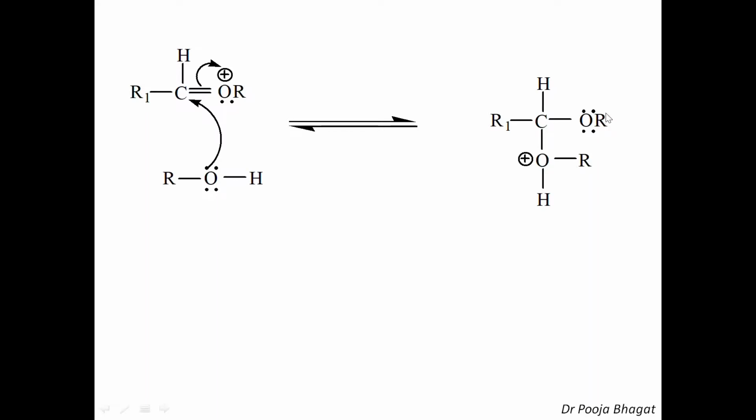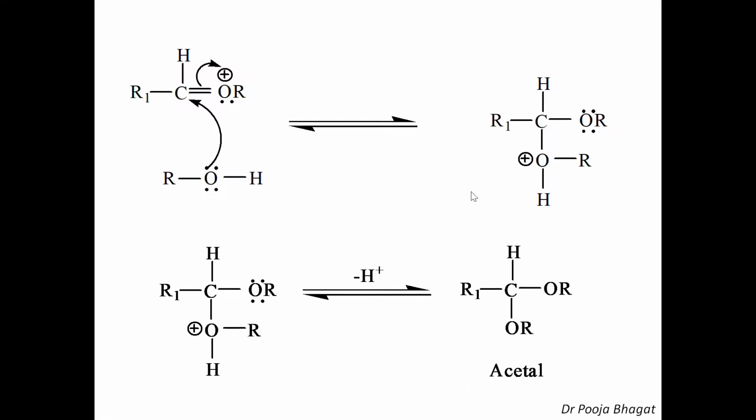C single bond OR. There is a bond between carbon and oxygen, so C, O, R and H. Oxygen is neutral and it is giving its lone pair of electrons, so it will attain positive charge. So you will get this. I think you can easily write down this structure. So it is R1CH, single bond OR, single bond O positive, R and H. Oxygen being electronegative cannot have the positive charge.